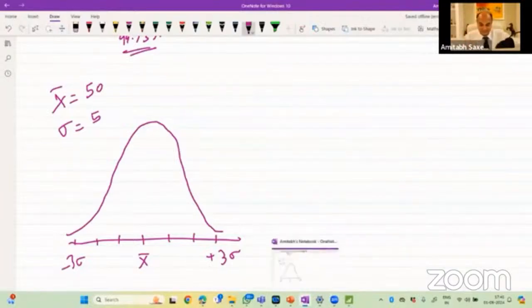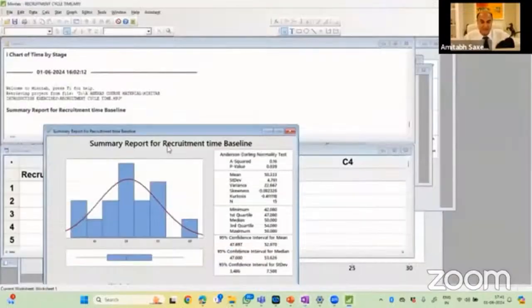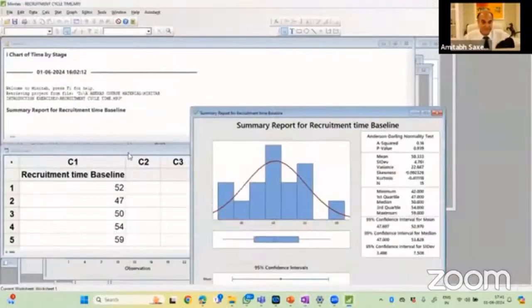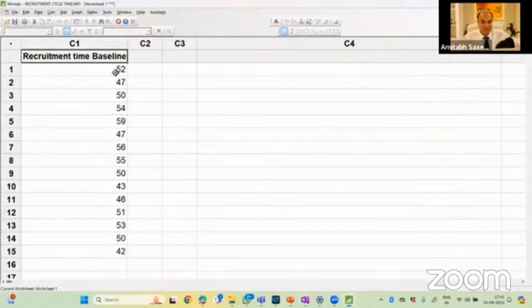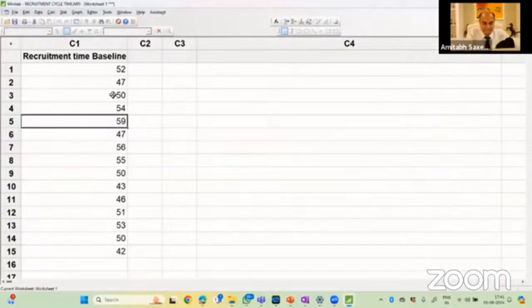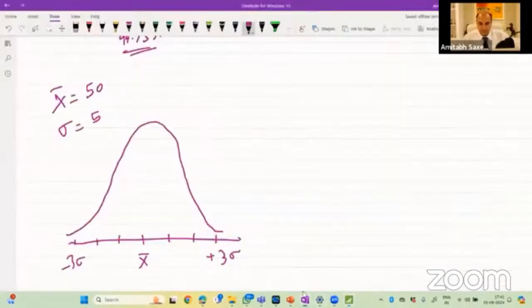See, let us look at this. These were the samples. Yeah, 52, 47, 50. These were the recruitments. But when we did average and standard deviation, it will tell me. So let us try to guess those values.